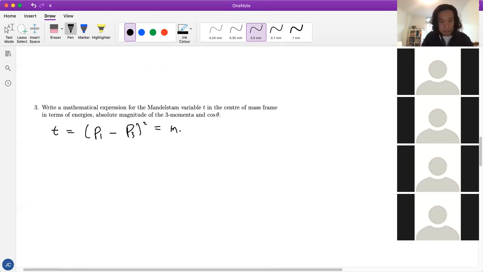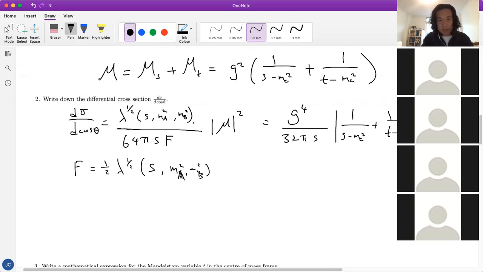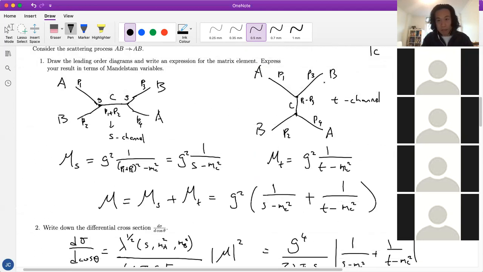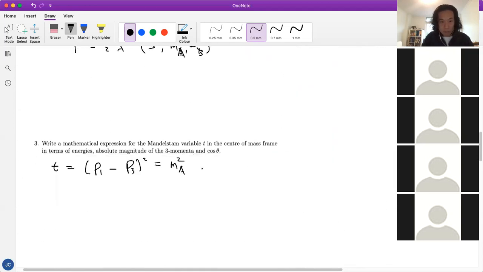Particle 1 is particle A, so it's mA squared. And particle 3 is particle B, so p3 squared is mB squared, and then minus 2 p1 dot p3.